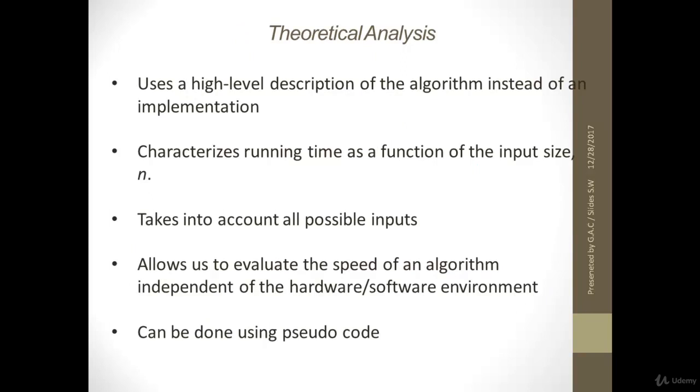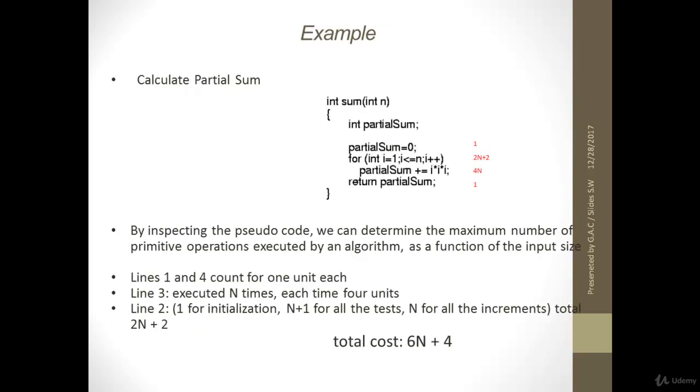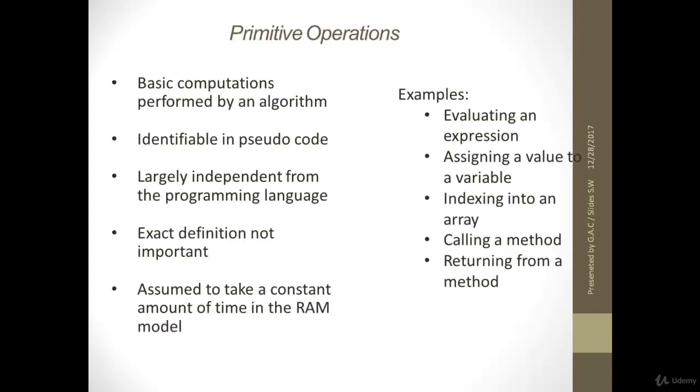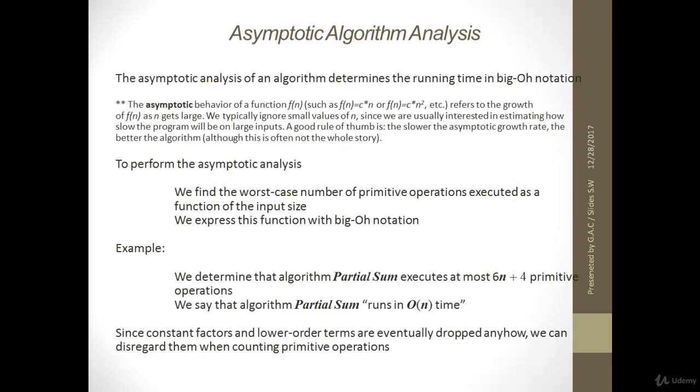Here we discussed theoretical analysis, which uses a high-level description of the algorithm. It's done with pseudocode. An example we discussed to calculate the cost. Next we looked into primitive operations. Next, the asymptotic algorithm analysis.